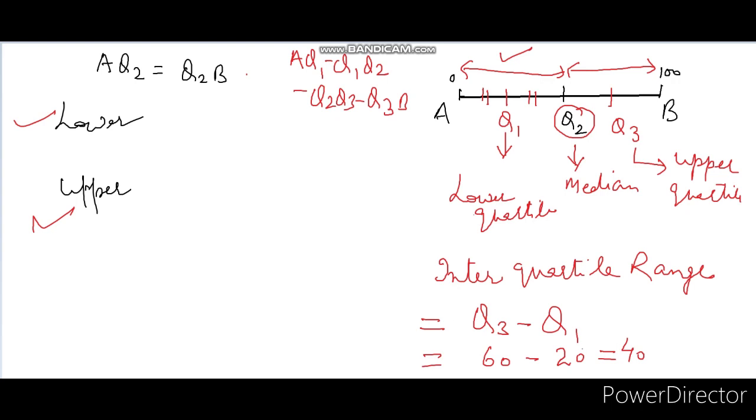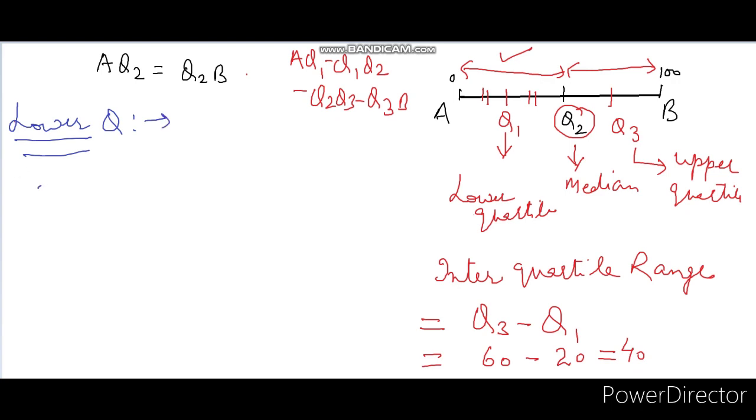Now we come to the formulae for the upper and lower quartile. Students, these formulae are very important for the exams. You need to learn the formulae, and then things can be solved easily. First, let us start with the lower quartile.